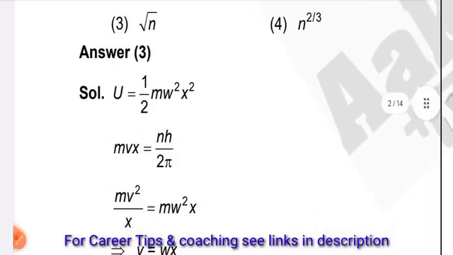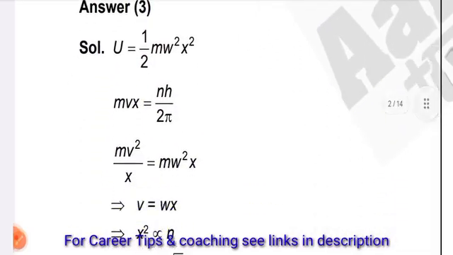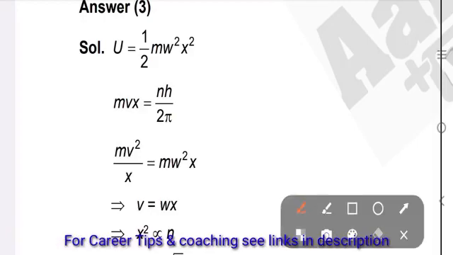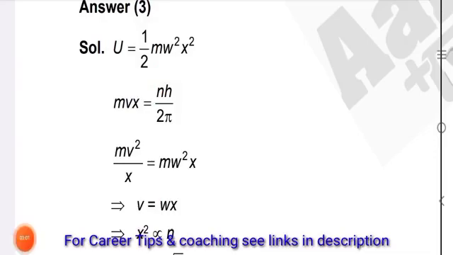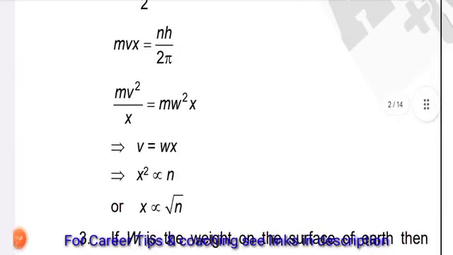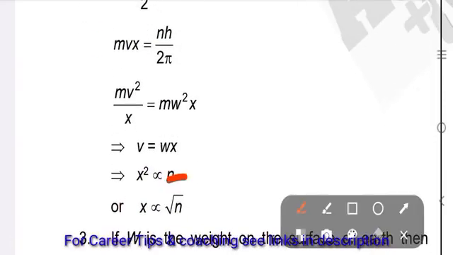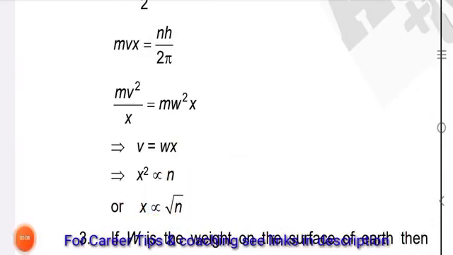As you see in the solution, the potential energy is given as half m omega square x square, and mvr, in the place of r we are writing x, so mvr equal to nh by 2 pi. You know that it is mv square upon x equal to m omega square x, so from here x square is proportional to n, and now here we get x is root of n.